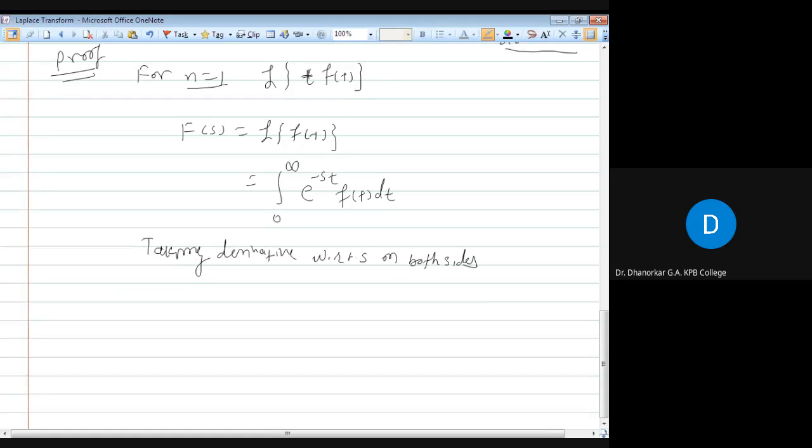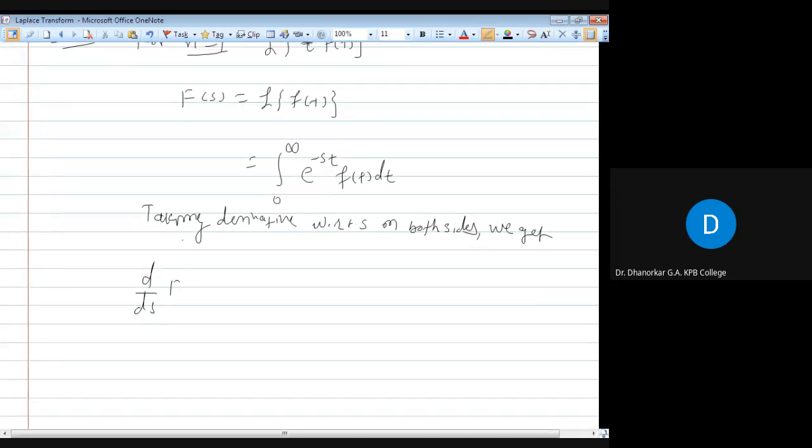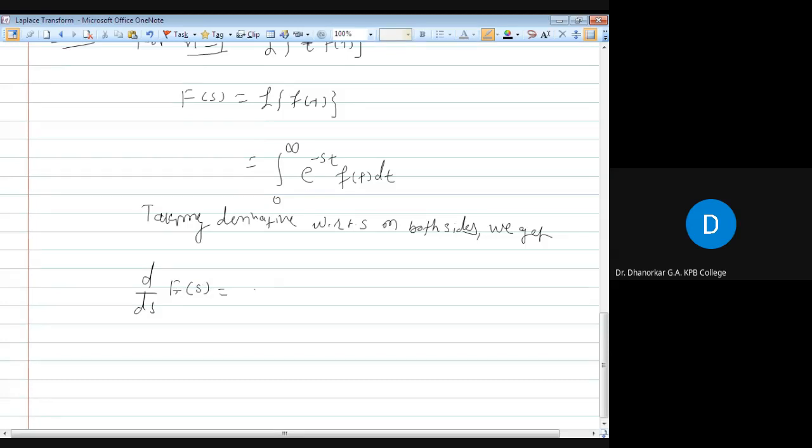We get d by ds of this function F of s is equal to d by ds of this whole function, integration 0 to infinity e raised to power minus st f of t dt. Anybody having doubt for this step? We are only differentiating this function on both sides.